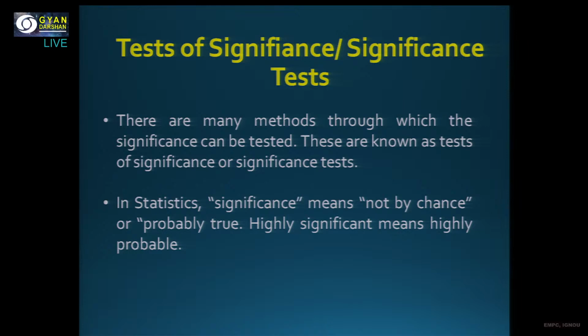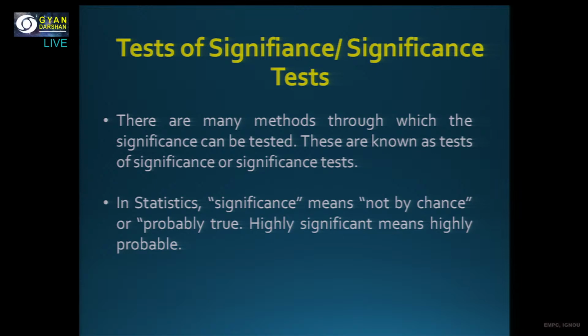There are many methods through which the significance can be tested. These are also known as tests of significance or significance test. You should take your attention to the point which is given as the second point. In statistics, significance means not by chance or probably true.